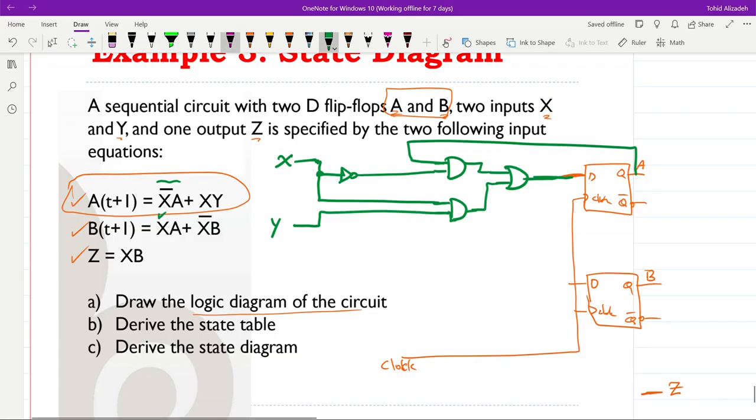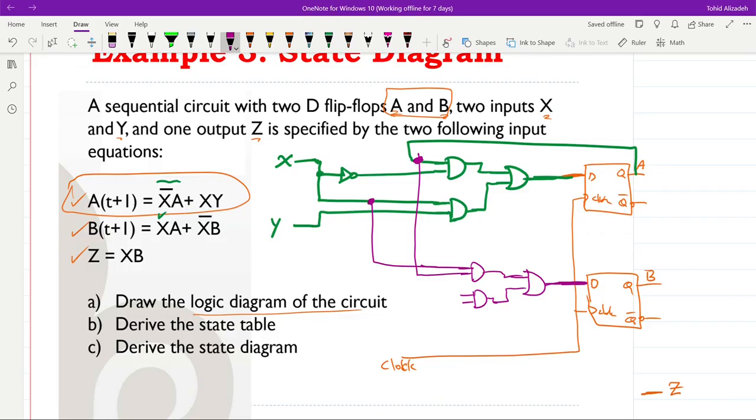For the input of the second flip-flop indeed, we need to construct the equation given here. Again, we need to use an OR gate, which receives input from 2 AND gates, and those 2 AND gates have 2 inputs, X and A, or not X and B. So X and A means that we need to connect this here X and A. We have it here.